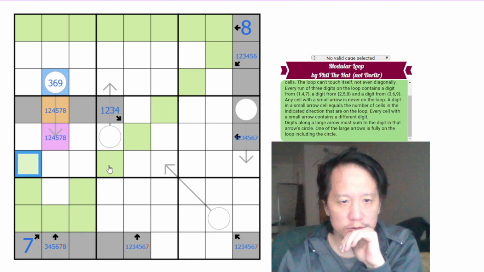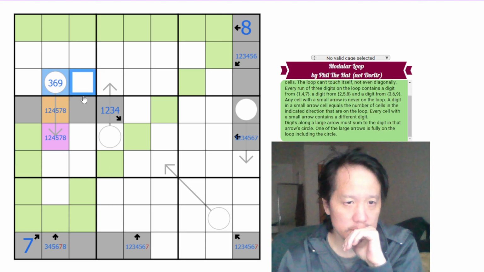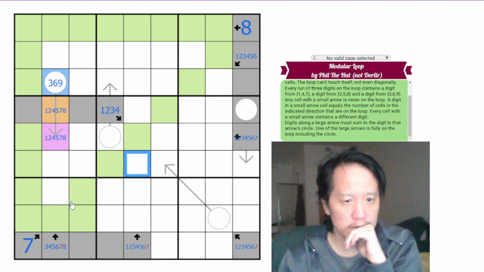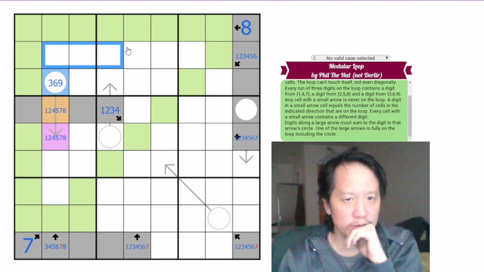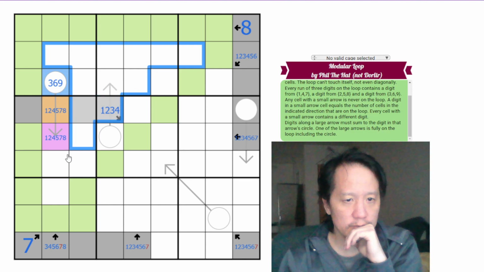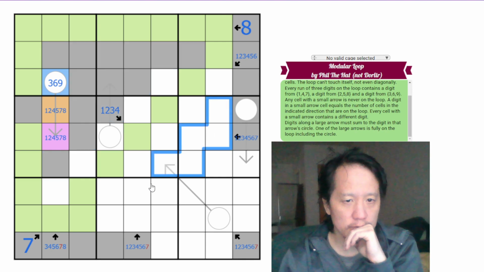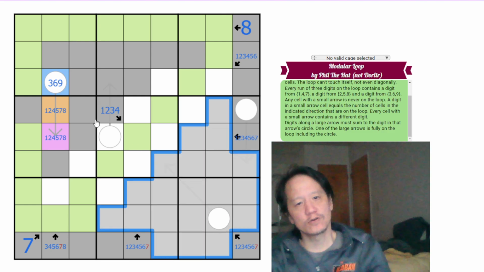This is not valid on the loop, so it has to go here. This is no longer valid on the loop, so it must go here. So we know all these are not valid. Let's look for a contradiction.